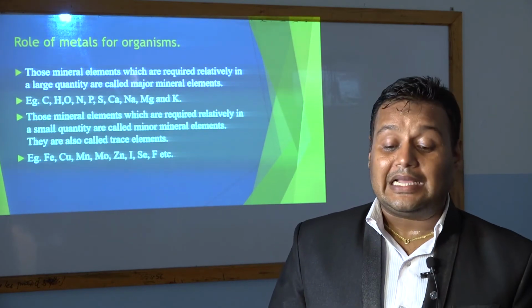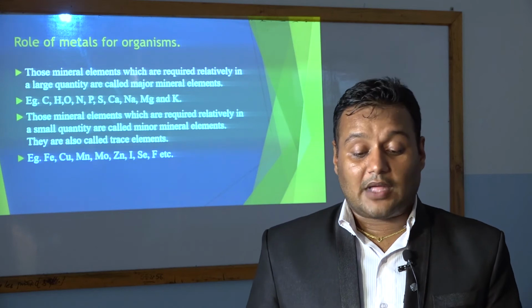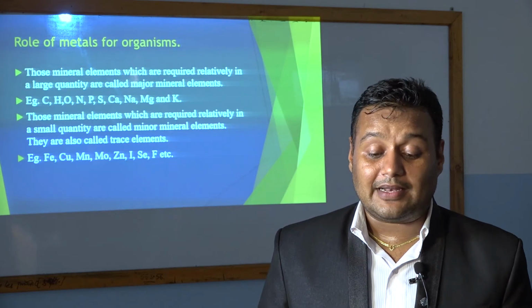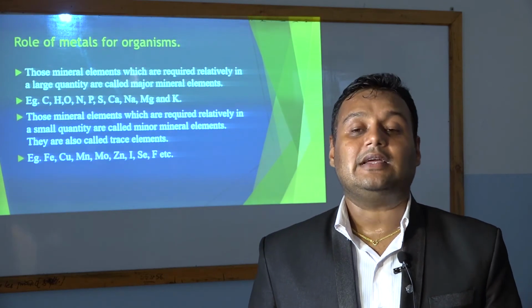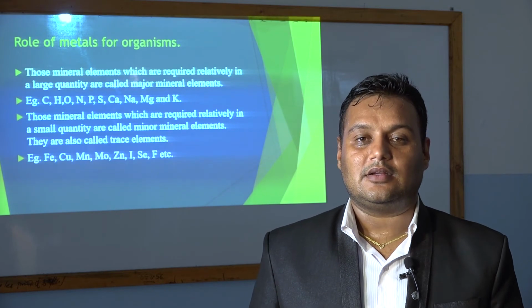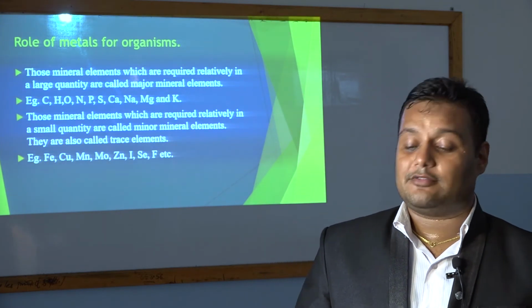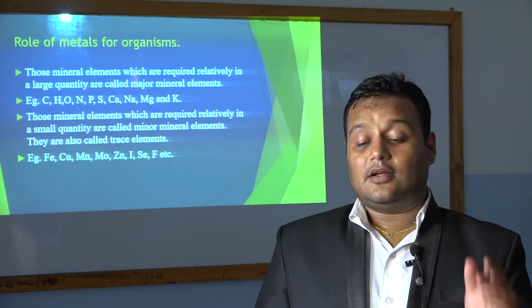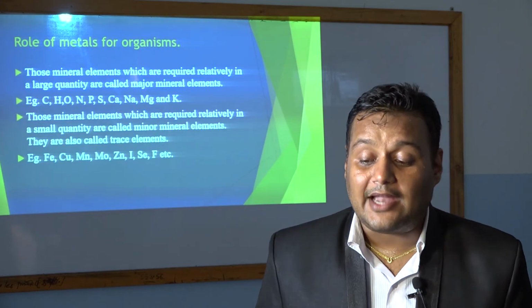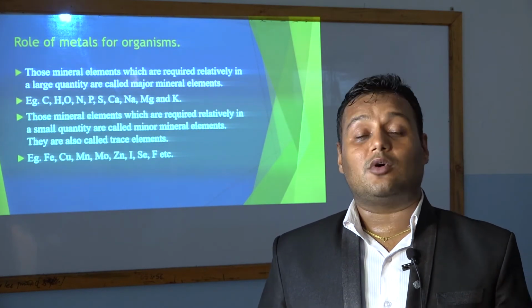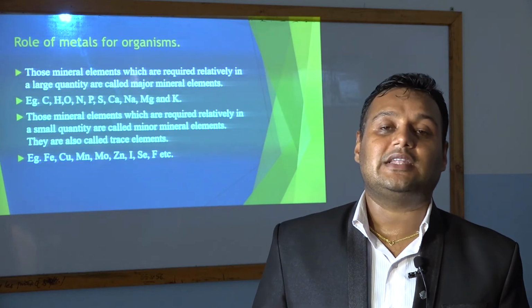Examples of trace elements are iron, copper, manganese, molybdenum, zinc, etc. So we have to know these definitions and examples. And in the next slide we will be reading the role of certain elements in our body.